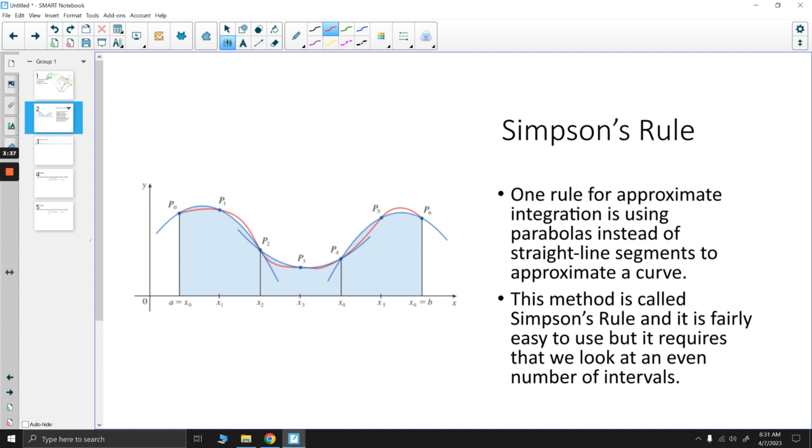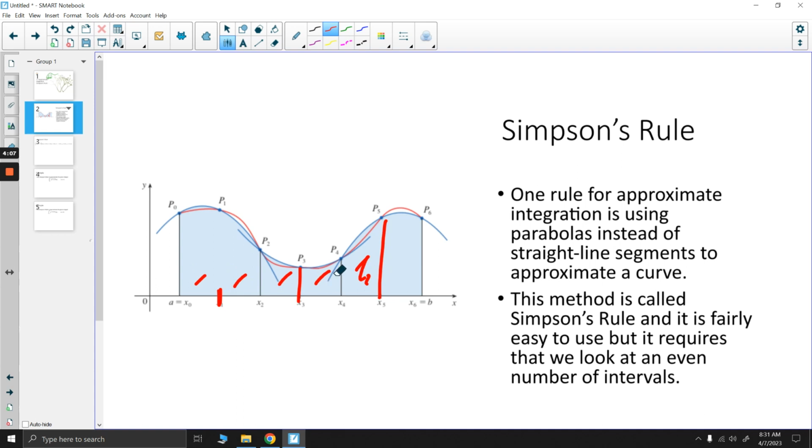The one thing to note is that we look at an even number of intervals, so it requires this even number of intervals. And you might say, okay, well, here's 1, 2, 3. Why are we saying an even number of intervals when we clearly have 3 regions here? Well, first of all, it's actually x sub 1, so we have this region here, 6.